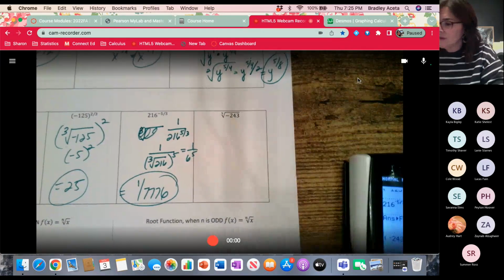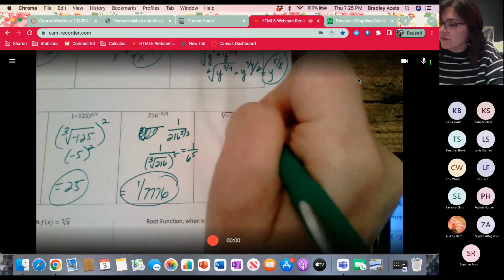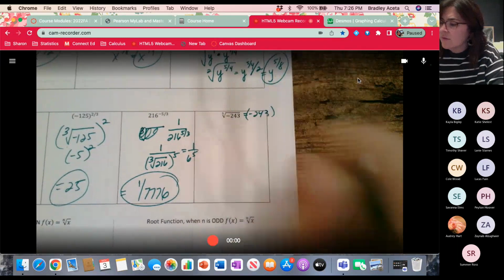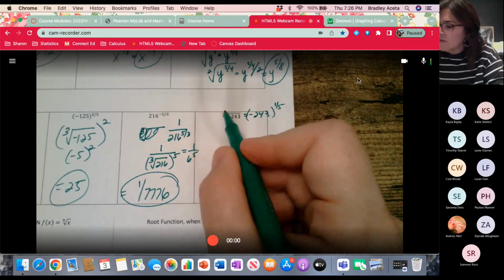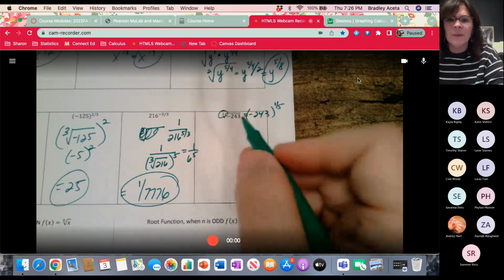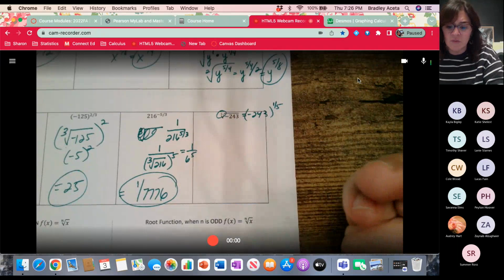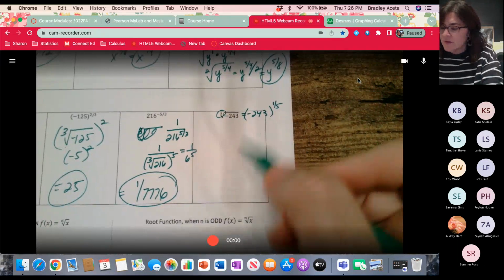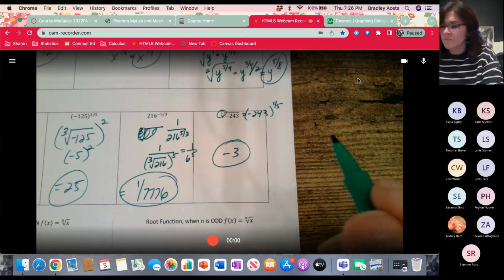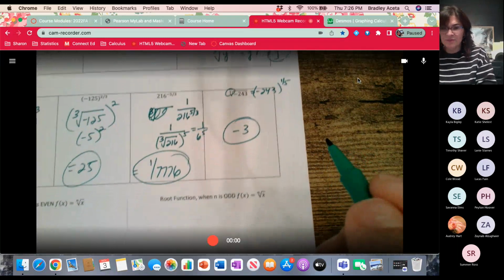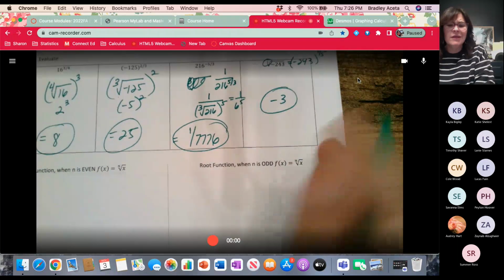Negative 243 to the 1/5. That 5 is the denominator, and the 243 has an exponent of 1. So this would just be negative 3. So easy peasy. Again, all done in your calculator.